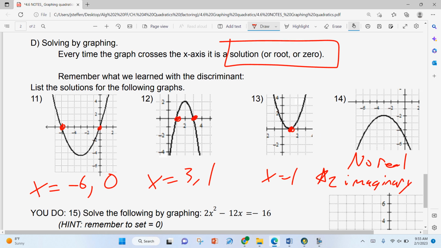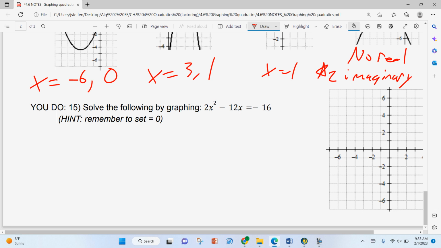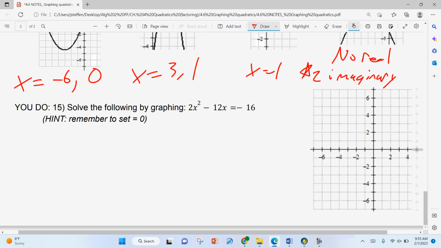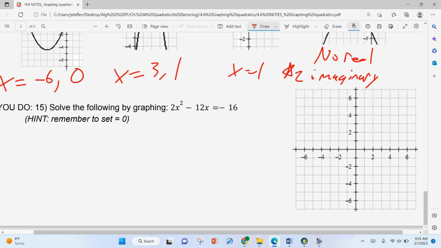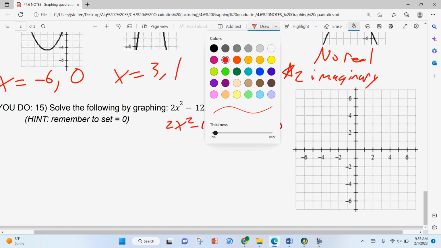So once you know that, to solve by graphing, all you need to do is set it equal to 0 and graph it like we've been doing, and then see where it crosses your x-axis. So we'd have to add 16, so 2x squared minus 12x plus 16 is equal to 0, and then start working on graphing.